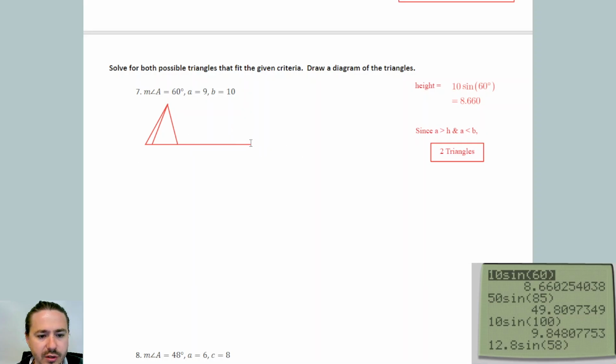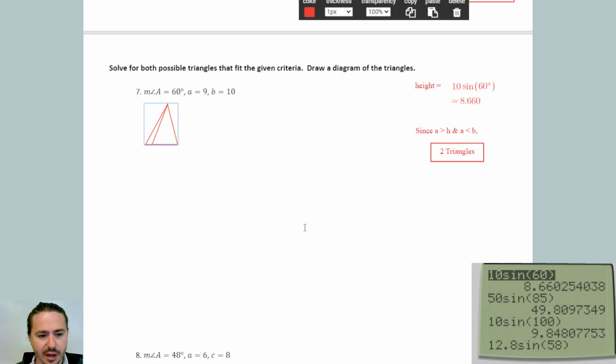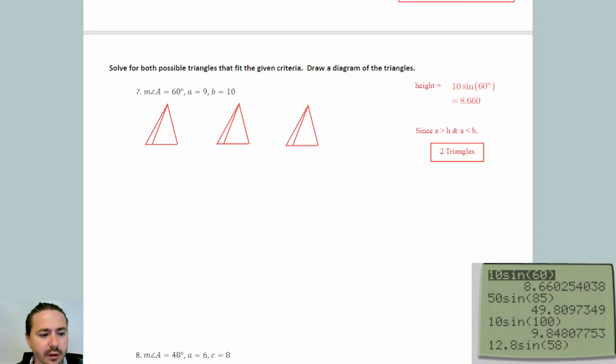So we need to solve both of these triangles, and what I'll do is split this up so you can more easily see where the two triangles are. I'm going to copy and paste this twice so you can see a little easier where the solutions are. So one triangle I might have is this one, and the other triangle I might have is this one.